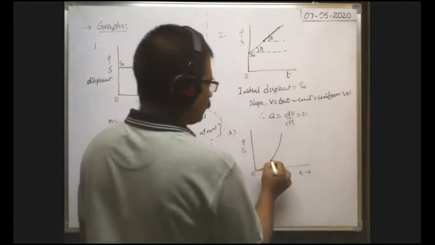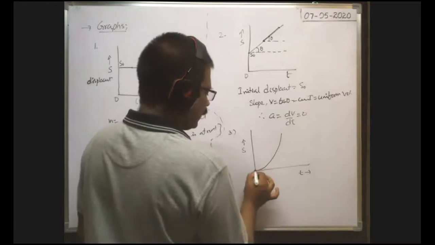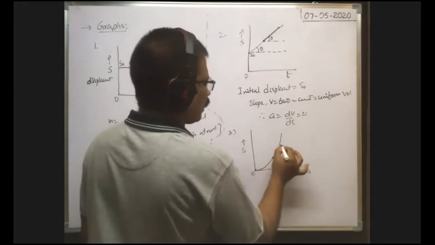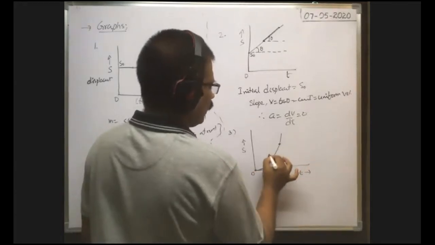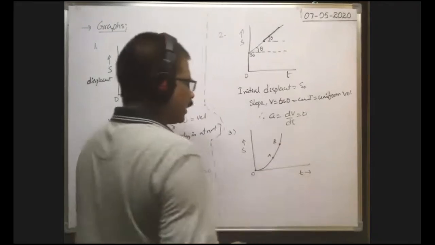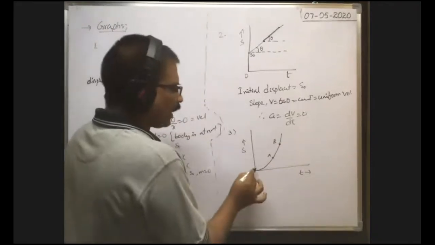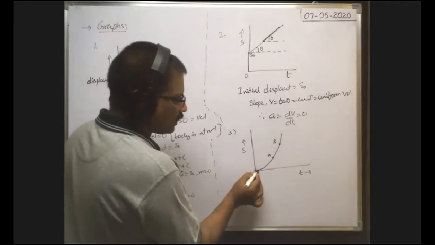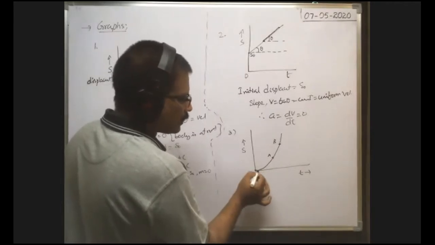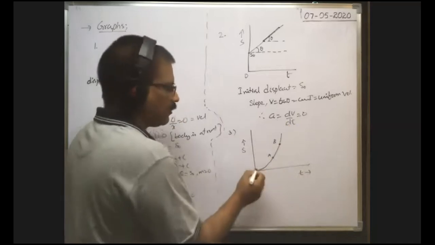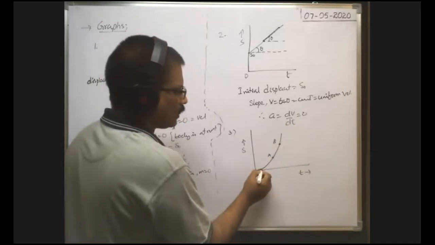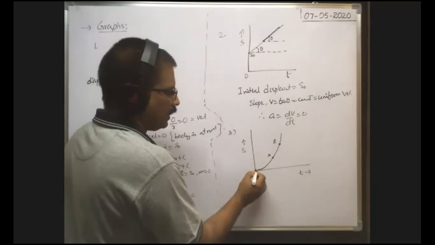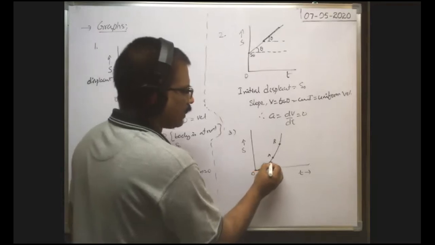At different points, suppose I take the point here, one more point here, another point here, A, B. In order to find the velocity, you see this graph is parallel to the time axis up to a certain distance, and after that it rises like this. That is very, very important.